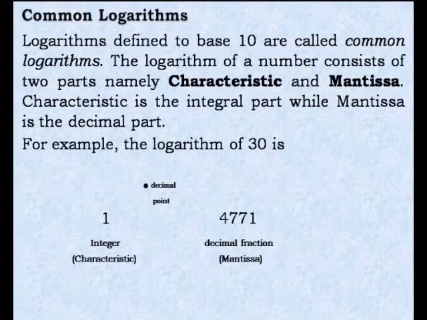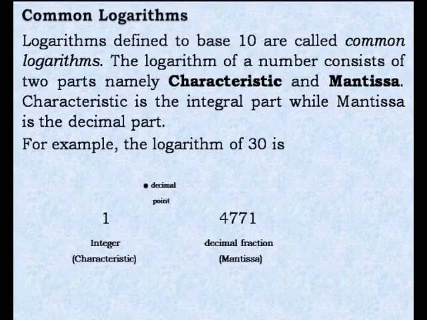Just as we can see on the board, logarithm defined to base 10 are called common logarithm. The logarithm of a number consists of two parts, namely the characteristics and the mantissa. The characteristics is the integral part, while mantissa is the decimal part. For example, the logarithm of 30 is 1 point 4771.